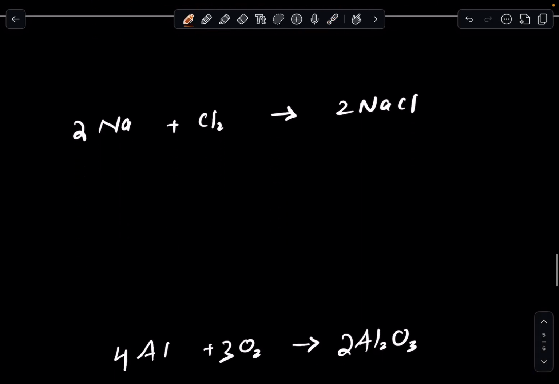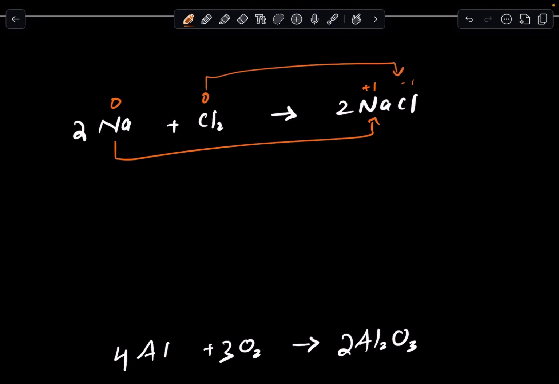Now let's look at this. Sodium has 0 charge, chlorine has 0, +1, -1. So sodium 0 to +1, chlorine 0 to -1. There is increase in oxidation number. It means that sodium is being oxidized and chlorine is being reduced. Why is it being reduced? Because there is decrease in oxidation number.